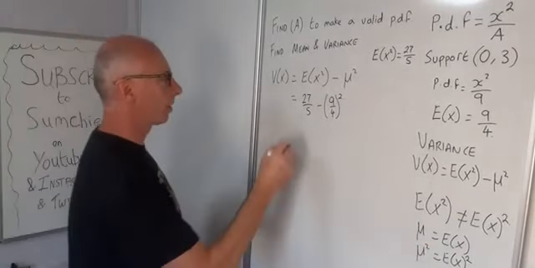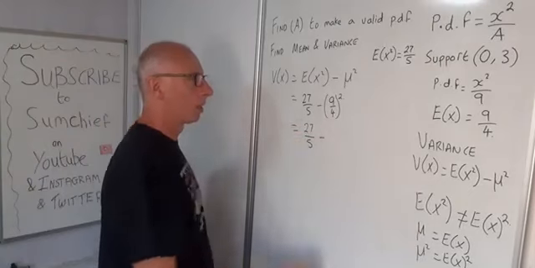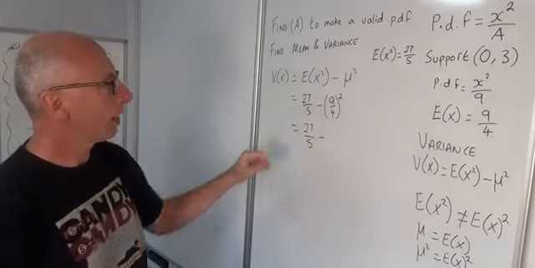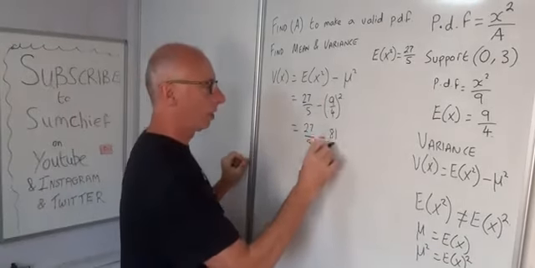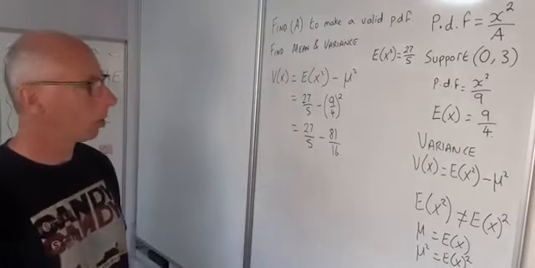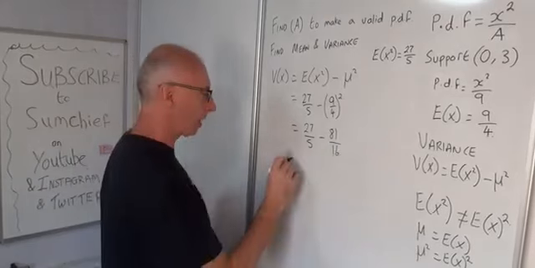Okay, let's just go through this. 27 over 5. So this is just simple elementary mathematics. 9 squared is 81. 4 squared is 16. Now we need a common multiple in the denominator. So 5 16s are 80. Let's just go straight for 80.